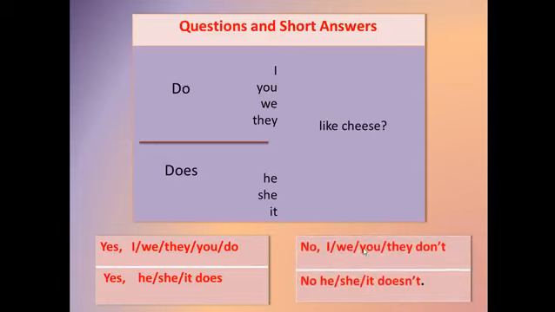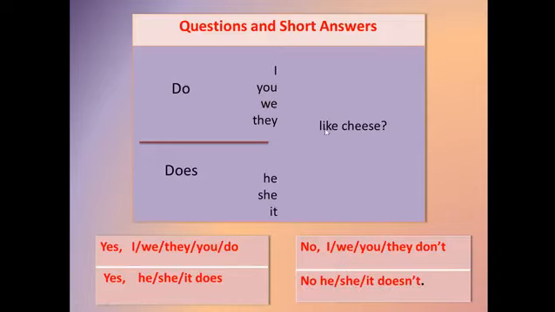With I, we, you, and they, I add don't. So, do we like cheese? No, we don't. Okay? Do they like cheese? No, they don't. Okay, so with I, we, you, and they in the negative, in my answer, I add don't. Okay? But with he, she, and it, I add doesn't.